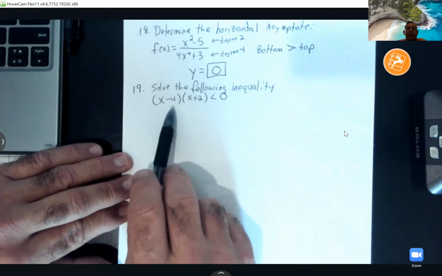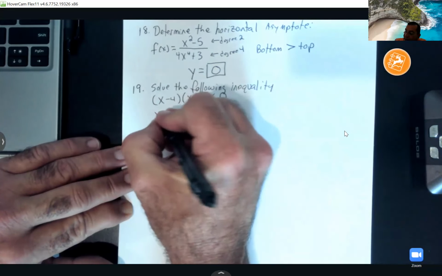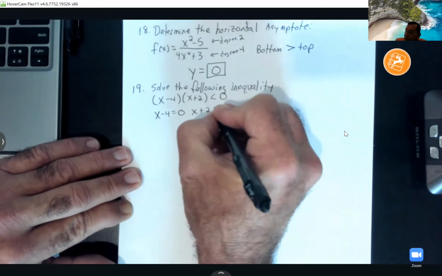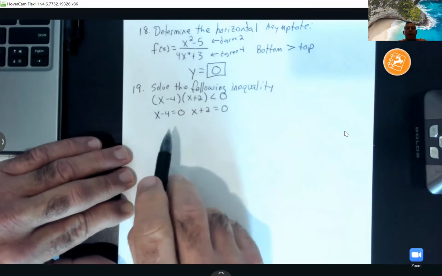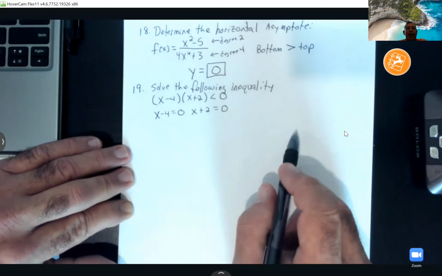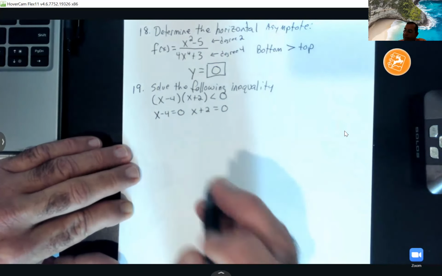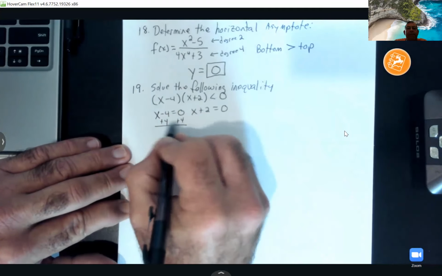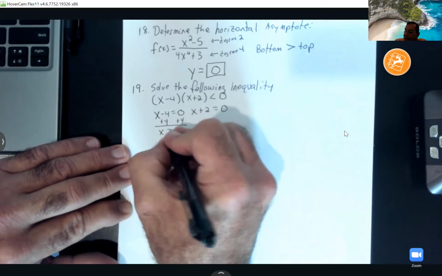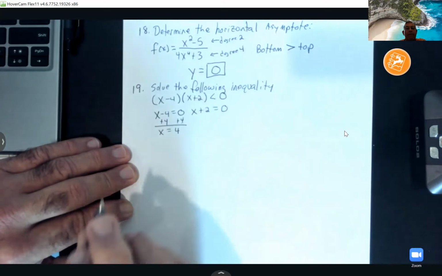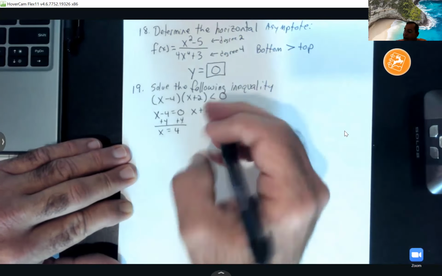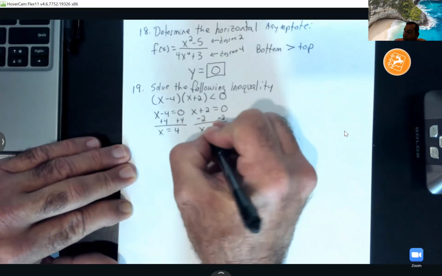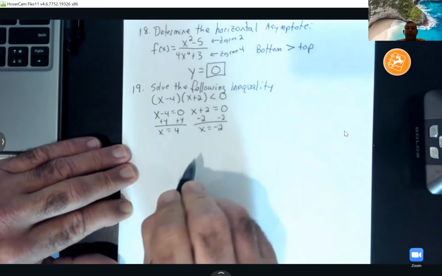So I'm going to set x minus 4 equal to 0 and x plus 2 equal to 0. Once I solve these, I'll set up my number line, test, and see what's happening. So add 4 on the first one so that you get x is a positive 4. And then here we'll subtract 2 and get x is a negative 2.